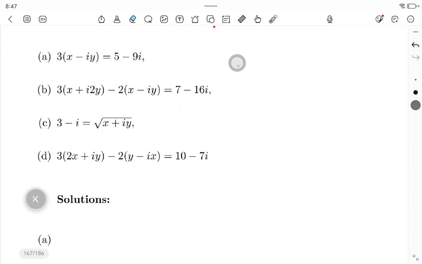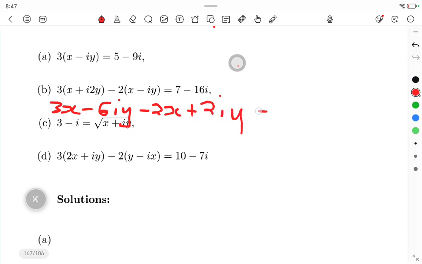This is equal to 7 minus 16i. So it shows that x is equal to 7 and minus 4y is equal to minus 16, meaning that y is equal to 4. You see, right? So we're just going to express the left and the right hand side in the form of a plus bi.